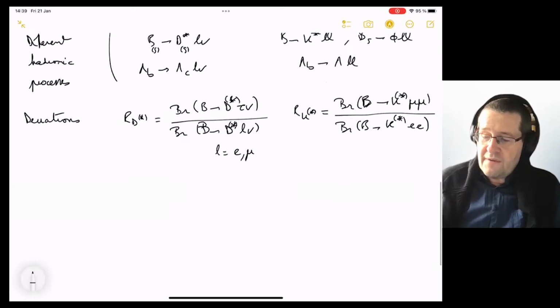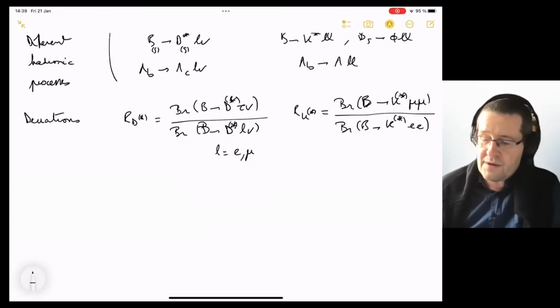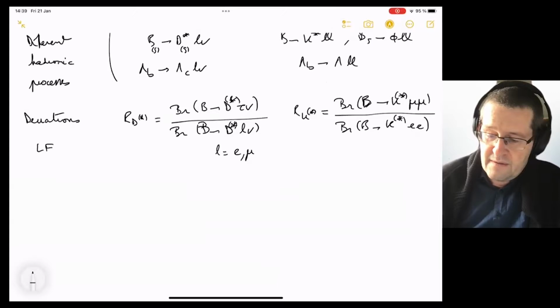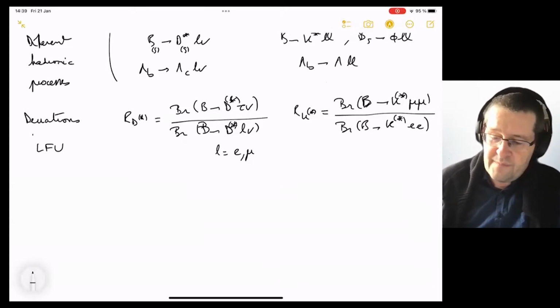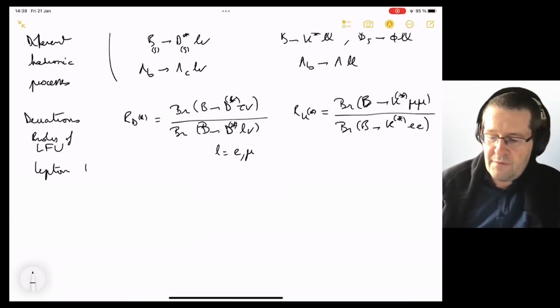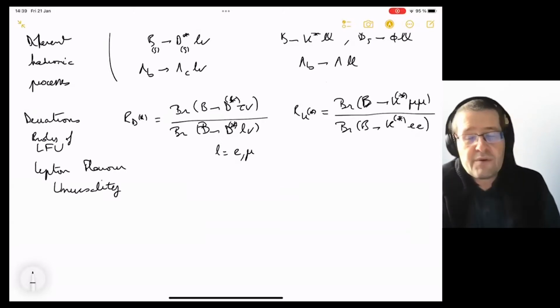But you do have deviations for these ratios that are, you could say, probes of lepton flavor universality, which is actually something important in the standard model.